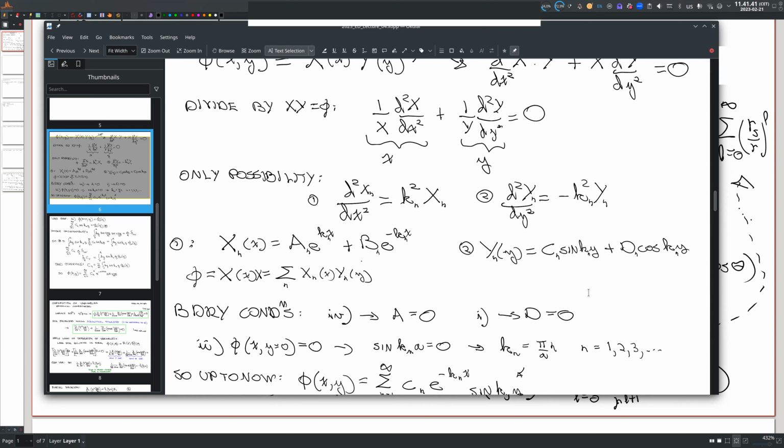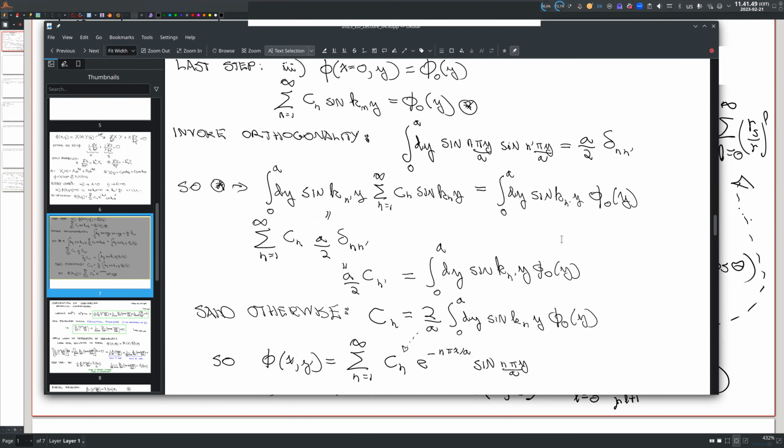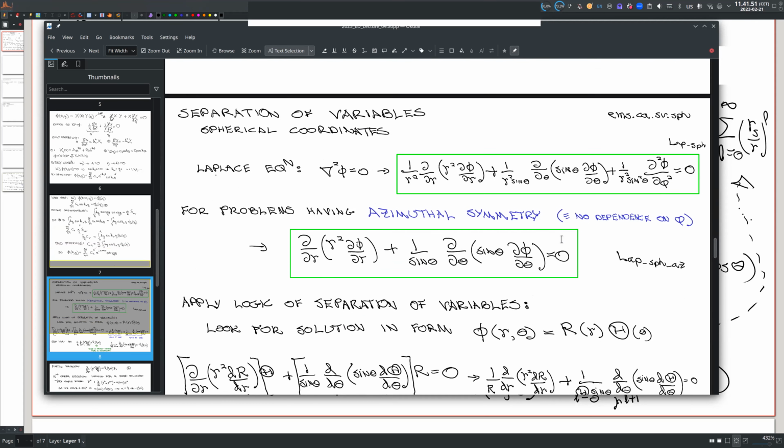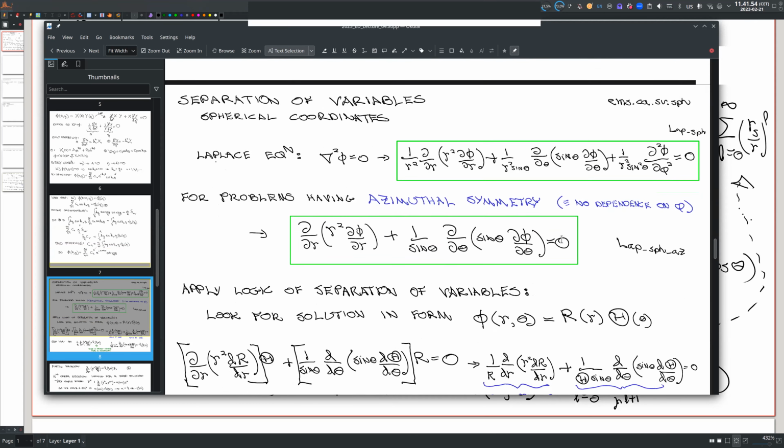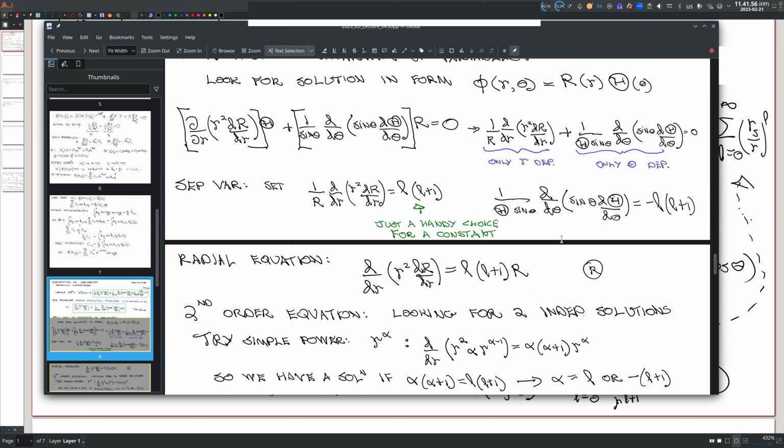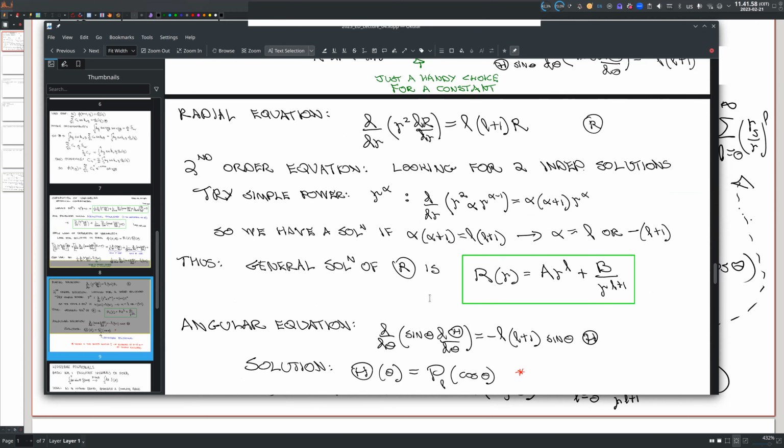So the A and B coefficients, same story, different details. The A and B coefficients are for separation of variables in spherical coordinates. They are the coefficients of the two mutually independent radial solutions to the radial part of your equation.